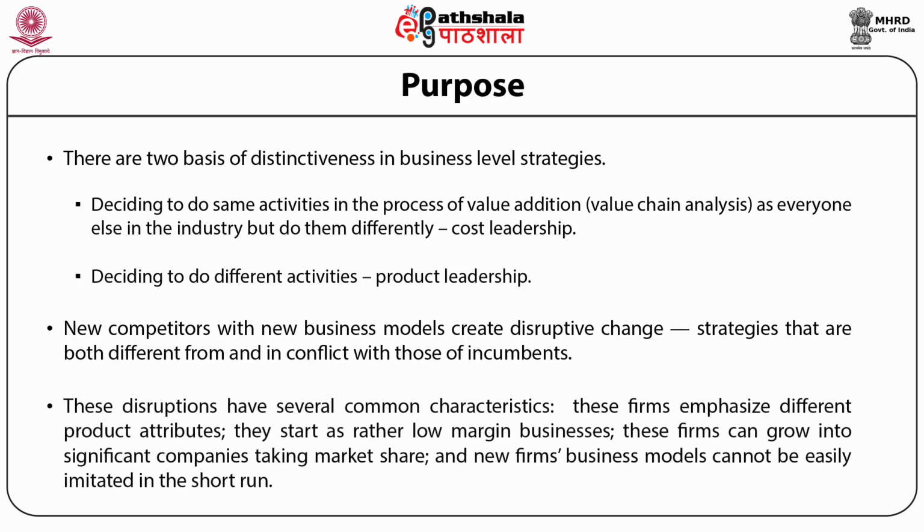These disruptions have several common characteristics. These firms emphasize different product attributes. They start as rather low margin businesses. These firms can grow into significant companies taking market share, and new firms' business models cannot be easily imitated in the short run.